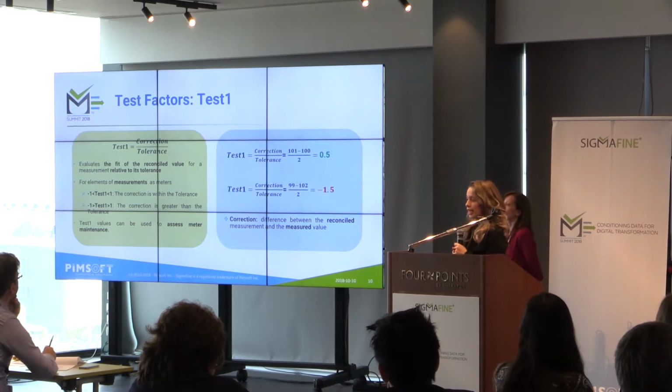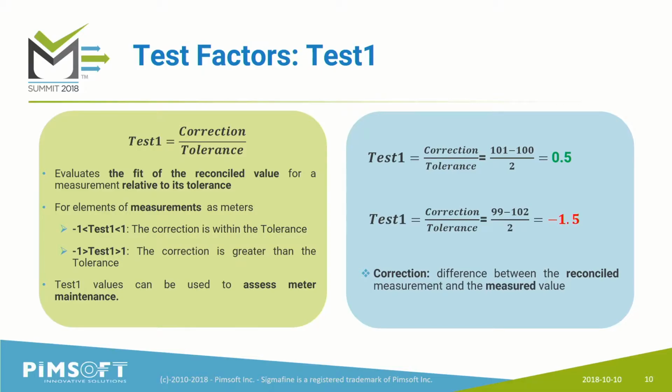The statistical indicators are calculated for each measurement and for all balance points. And these tests can give you an idea of the match between the reconciled and measured values. Specifically, test 1 evaluates the fit of the reconciled value for a measurement relative to its tolerance. This test is calculated for a measurement for meters.